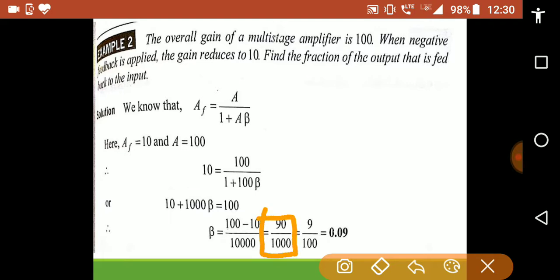The zero is cancelled out, and we have beta equal to 9 by 100 equal to 0.09. So this is the value of beta.